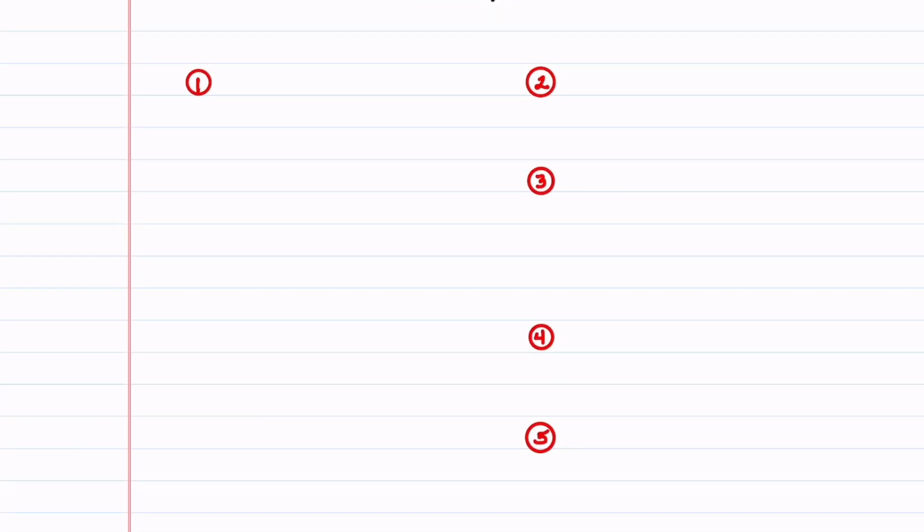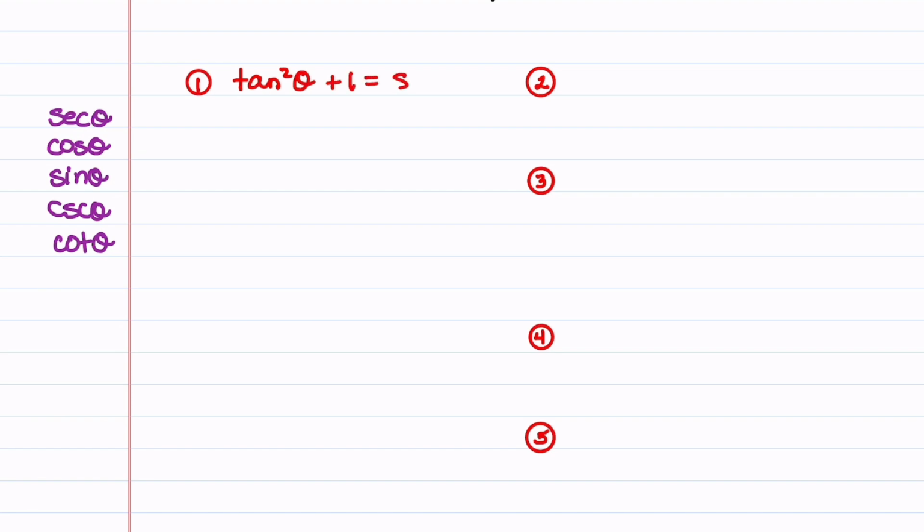The 5 trigonometric functions that we need to find are secant theta, cosine theta, sine theta, cosecant theta, and cotangent theta. We'll start by finding secant theta and use the Pythagorean identity tangent squared theta plus 1 is equal to secant squared theta.